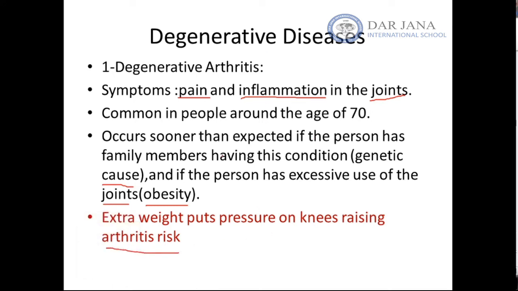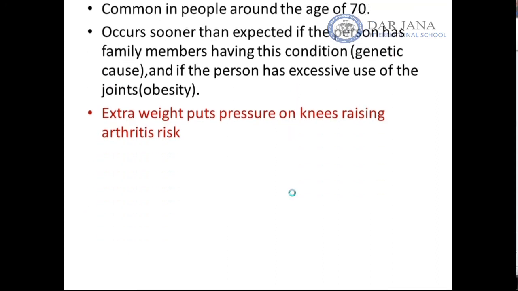So this disease has two causes: a genetic cause, and another cause if the person is using this tissue or this organ in an excessive way, like in obese people.